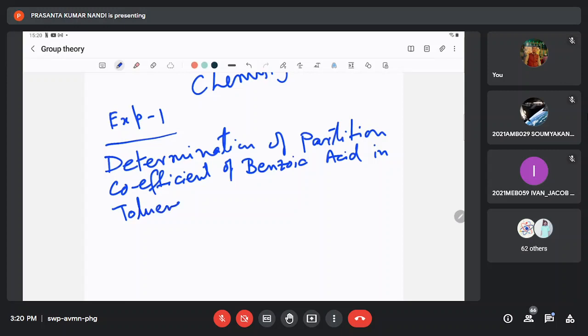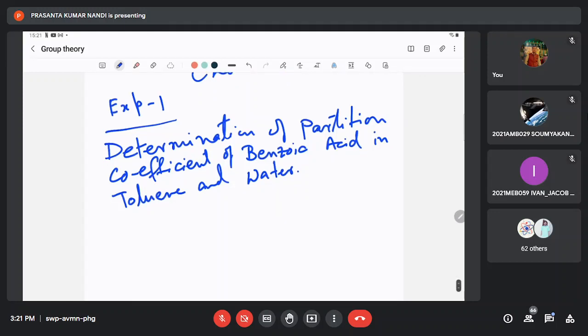Toluene and water are the two solvents, and benzoic acid is the solute.